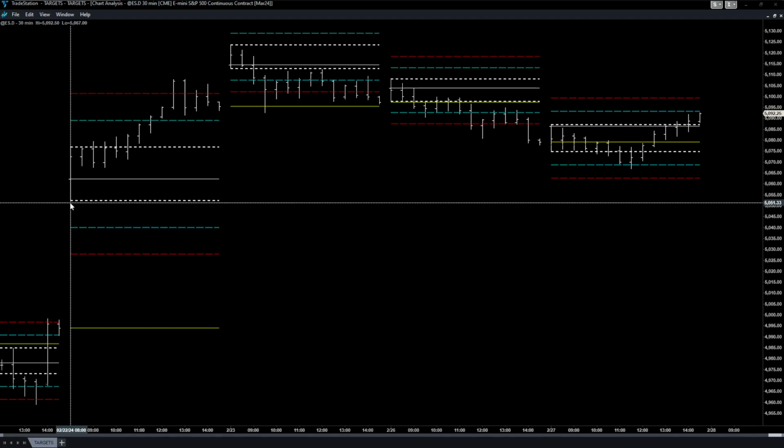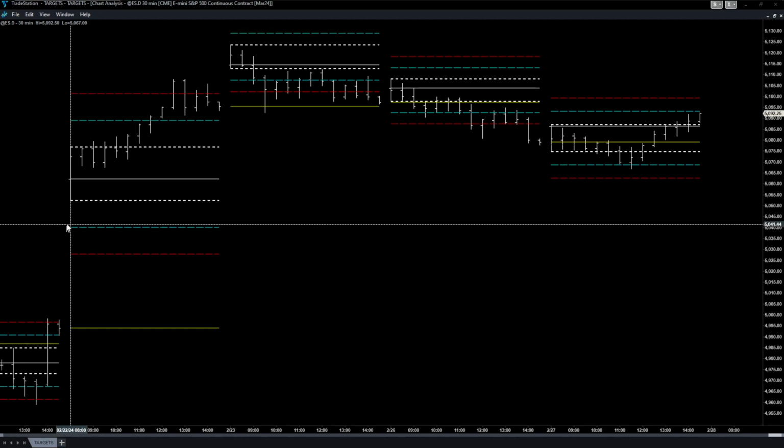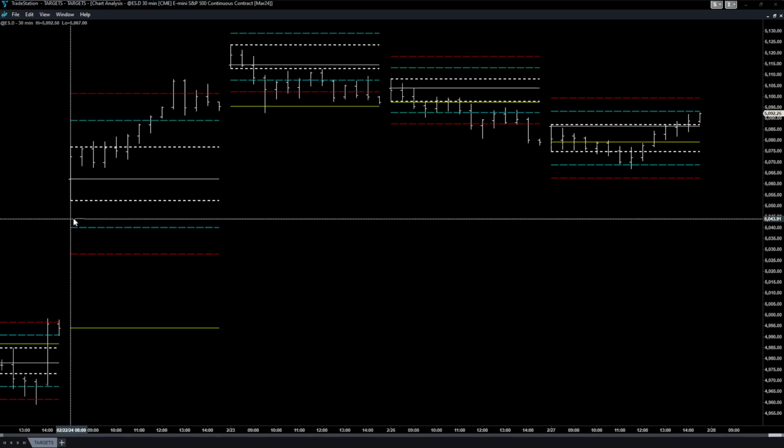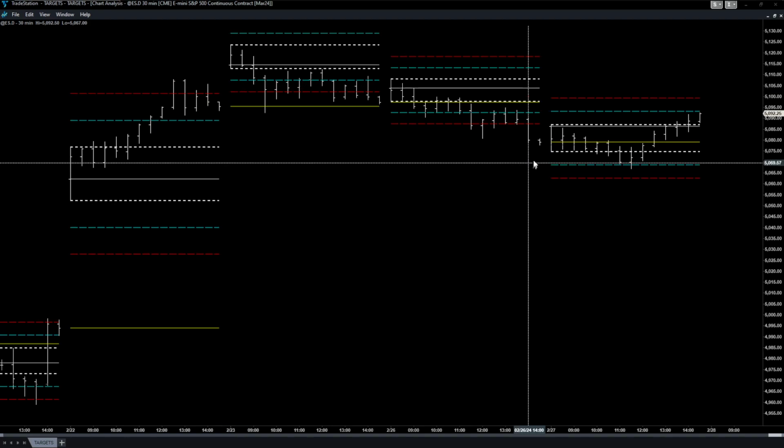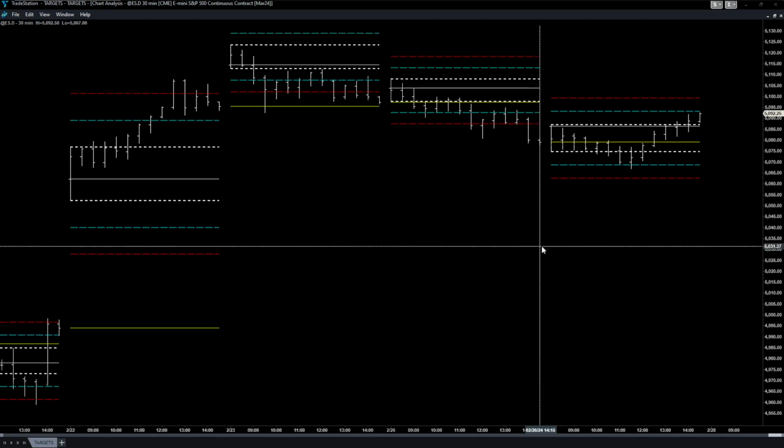So this is a 30-minute bar. So 2 bars into it, we can find out what our high and our low is. Over here, over here, over here. And then what we do is calculate one standard deviation above and below the initial balance levels.